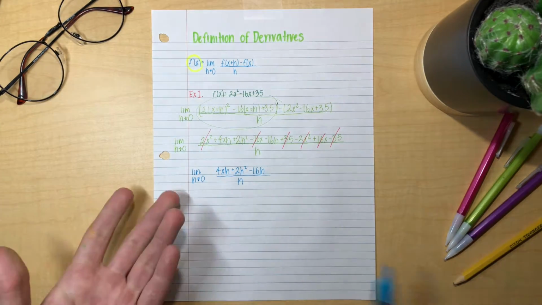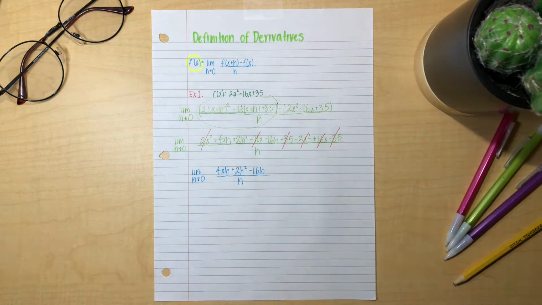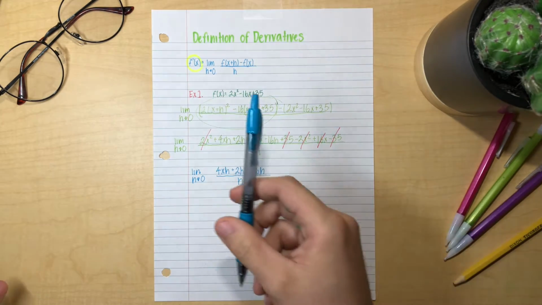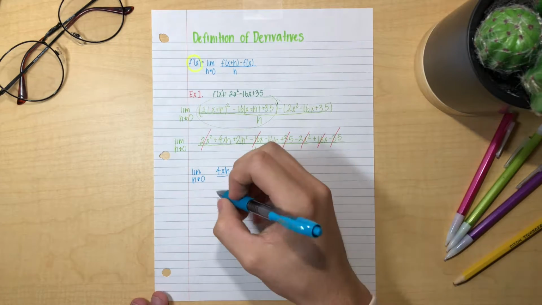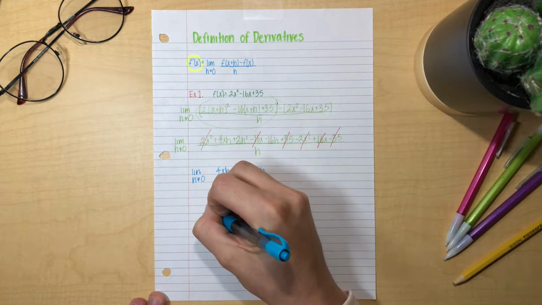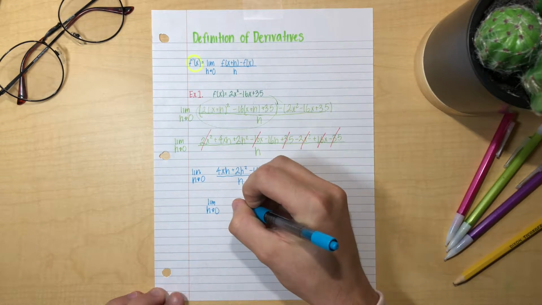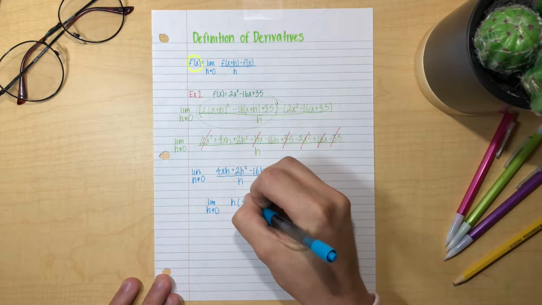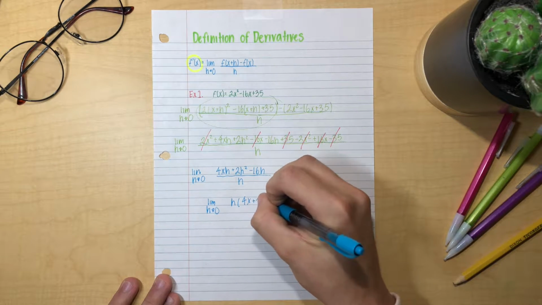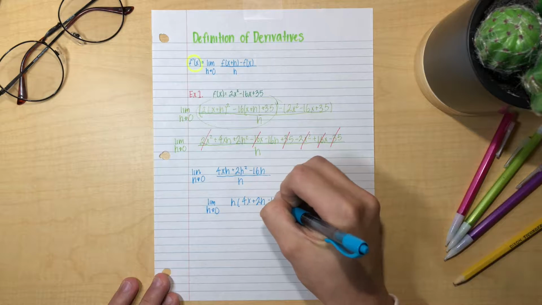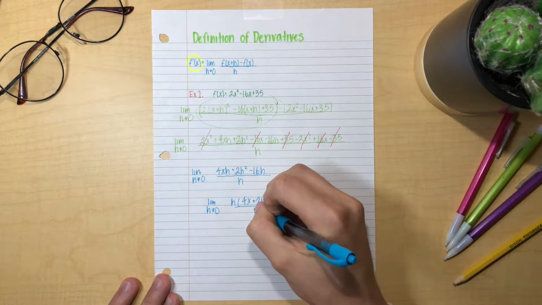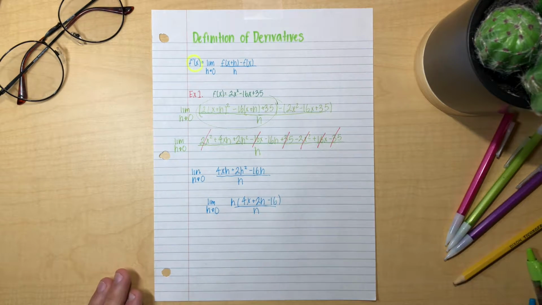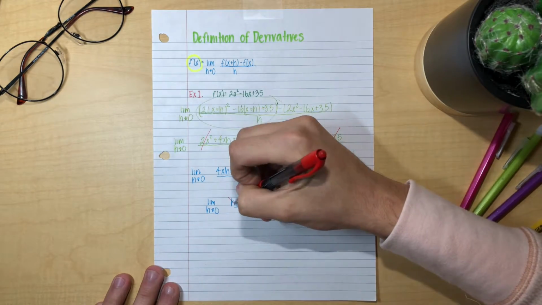So we can see that we could factor out an h from the numerator above. So that's what we're going to do to cancel out the h from the denominator. So limit h approaches 0, h times 4x plus 2h minus 16 all over h. And right here we could cancel those h out.